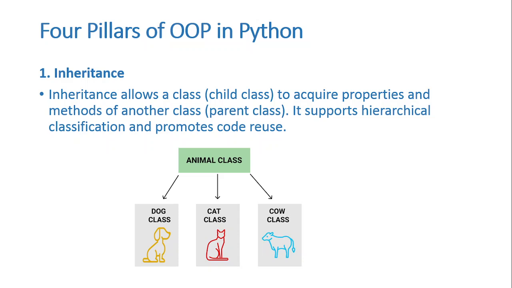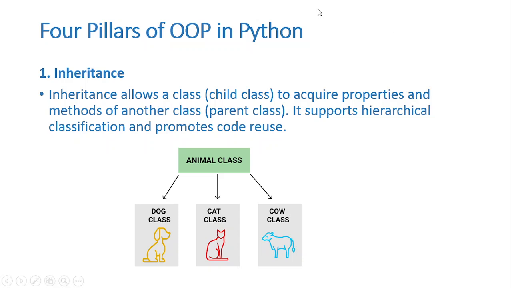The properties of the base class can be accessed by another class called a child class. So object oriented programming supports hierarchical classification and promotes code reuse. Let us see what is meant by inheritance with the help of an example called the animal class.